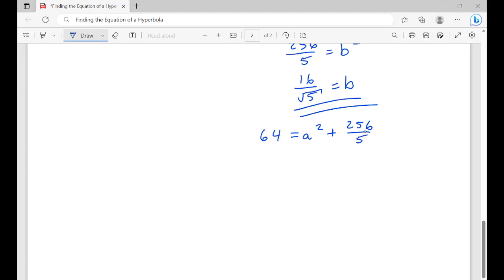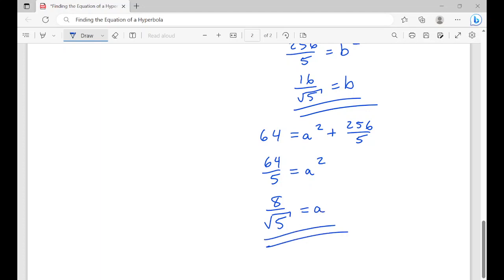And I'm going to subtract the 256 over 5 over to 64, and it's going to give me 64 over 5 equals a squared, and then I square root both sides, and I'm going to get 8 over square root of 5 equals a.